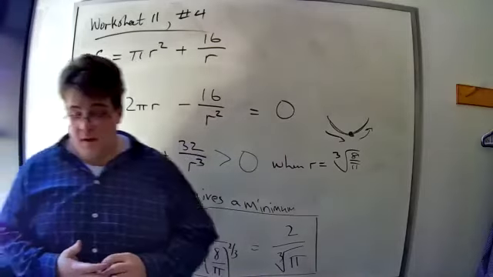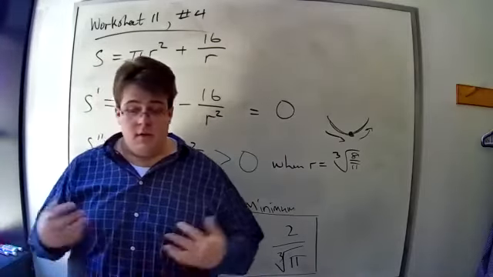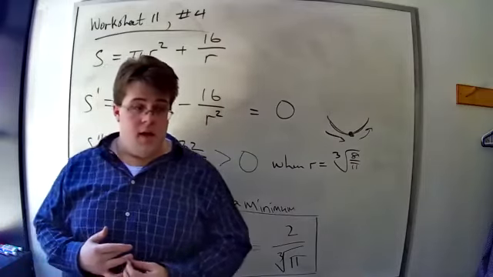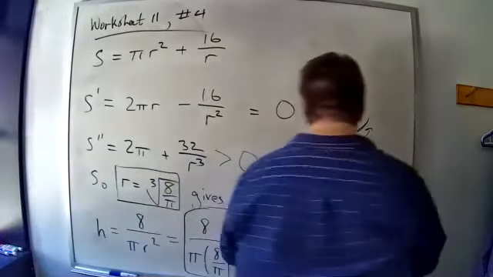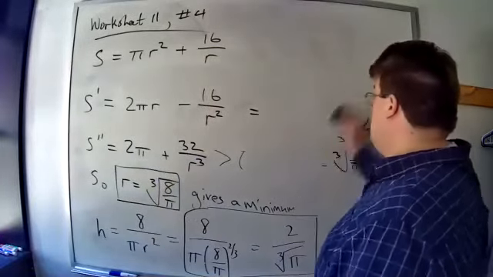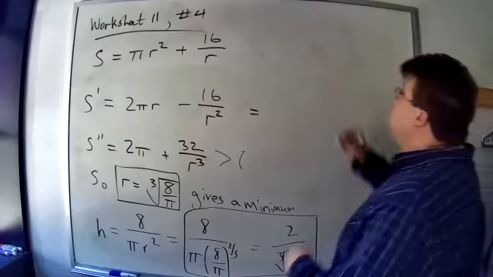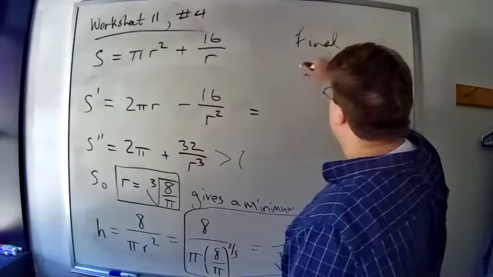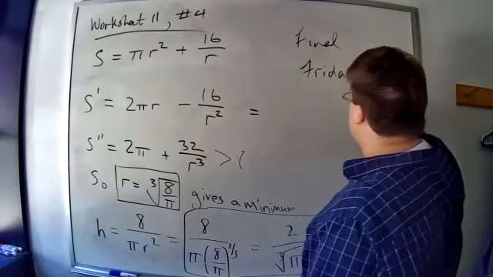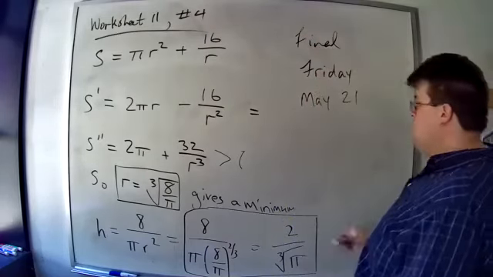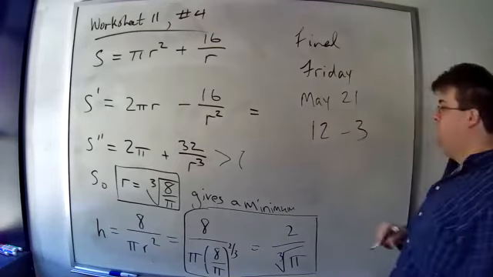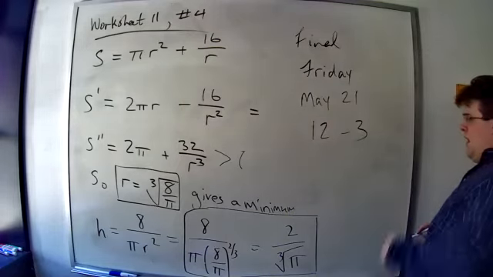The final, I checked yesterday, is Friday the 21st? Yeah, today's the 6th. So the final is Friday of finals week, which is May 21. It said 12 to 3.